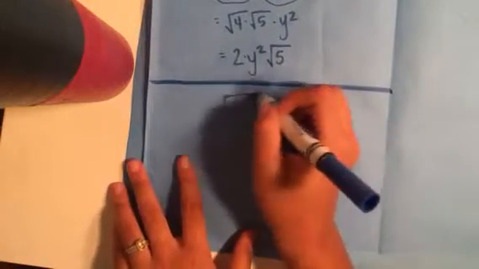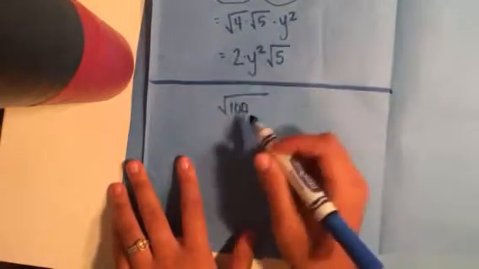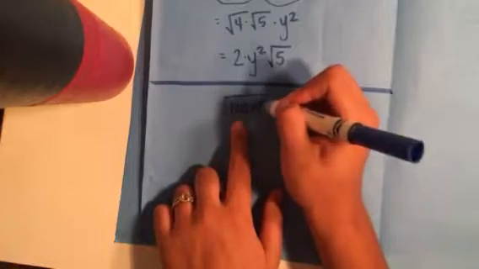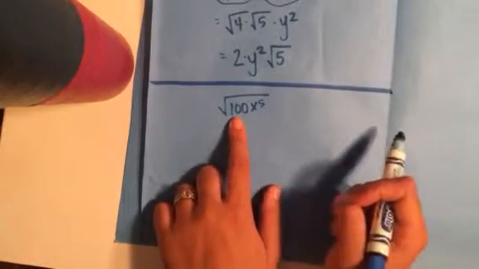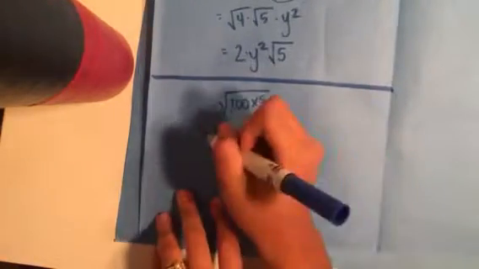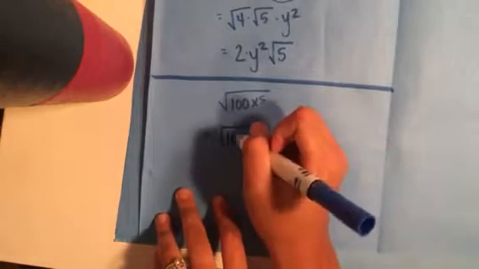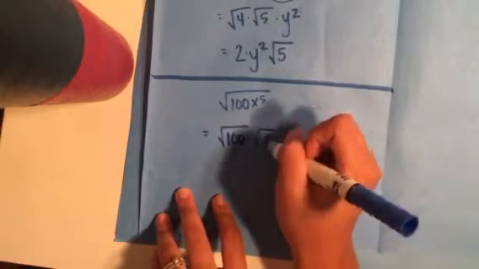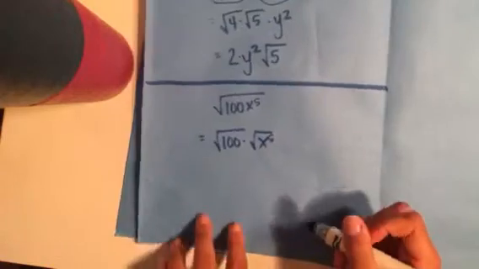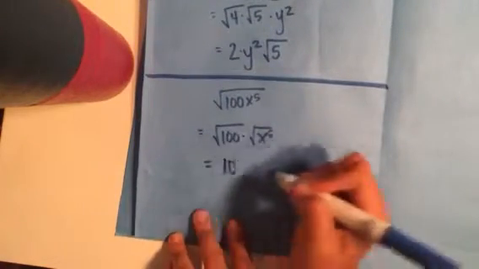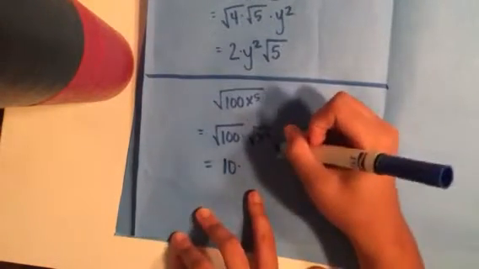Here's another example. Root 100 times x to the 5th. Well, here's a perfect square. So this is really nice and convenient that we know that once we separate these two things, we can really just go ahead and take the square root of 100, and that's 10. And let's break this thing down.